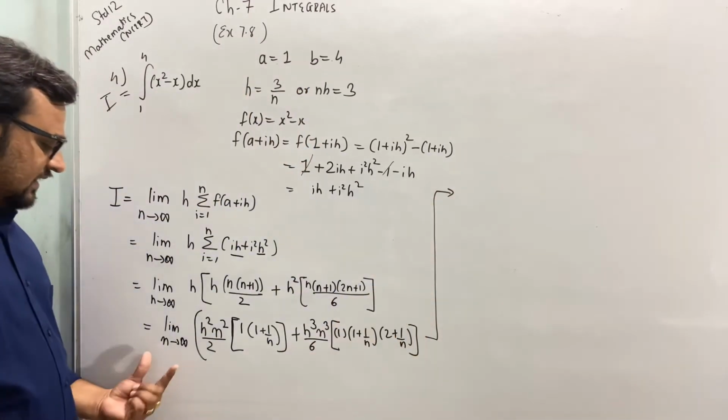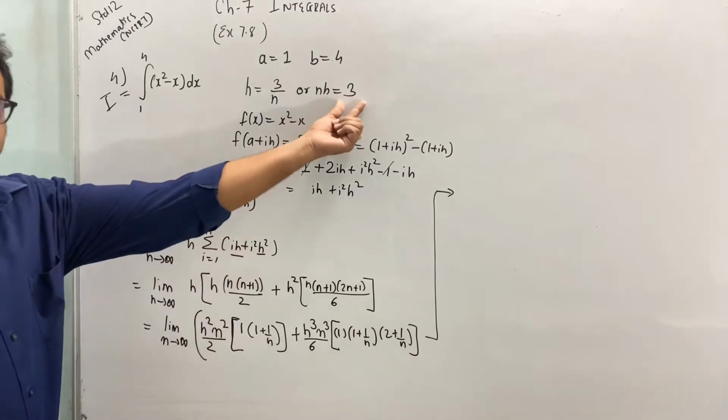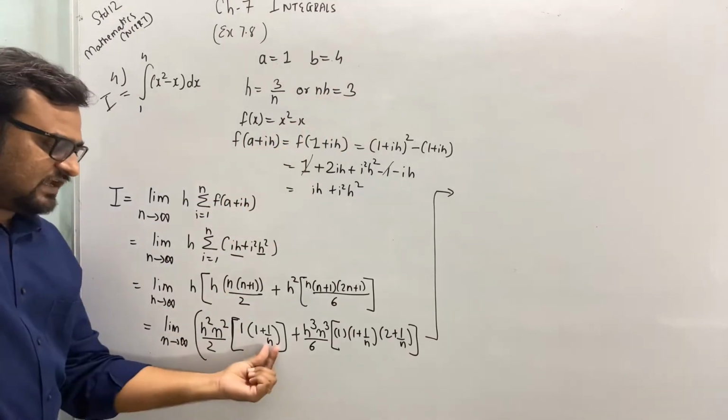So now solving it, I'm putting the value of n square h square, nh is equal to 3, and putting the value of n as infinity, 1 by n will be 0.